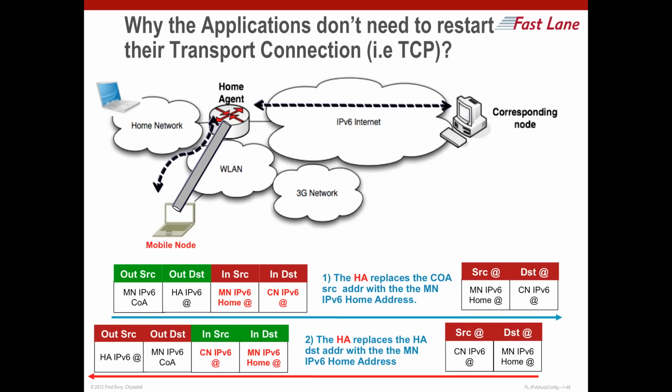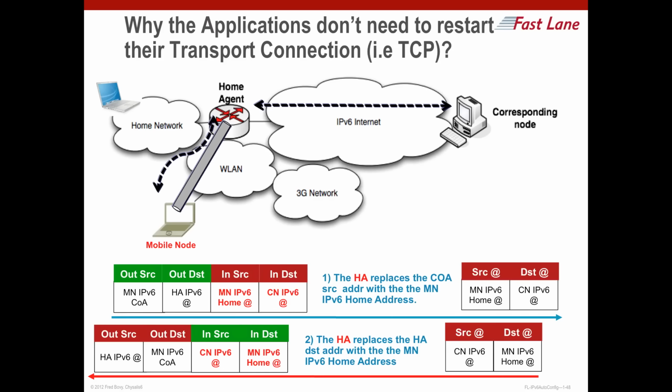But inside, the encapsulation has the mobile node IPv6 home address, so the address on the home network, and the destination is the corresponding node. So when the corresponding node receives the packets, the datagram has the mobile node IPv6 home address, just like if the user was still on the home network. So for the application, there is no change. The mobile node is still at home.